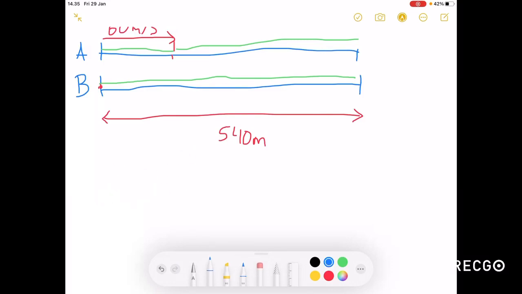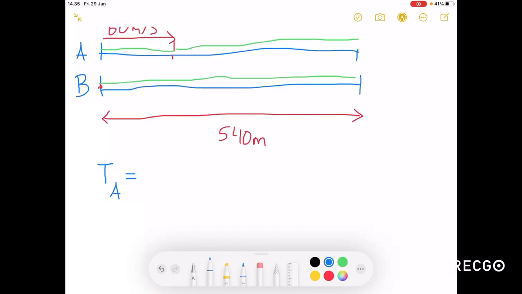So I think it's pretty useful to find the time needed for car A to complete the race. So I write T of A, meaning time taken for car A to complete the race.